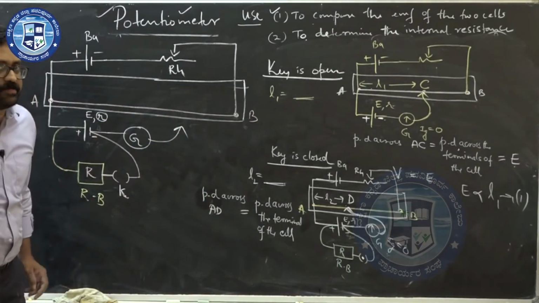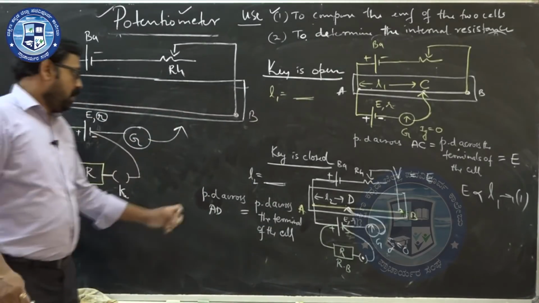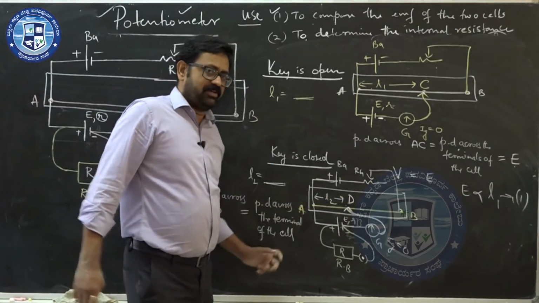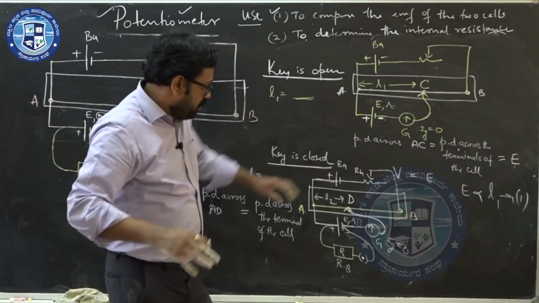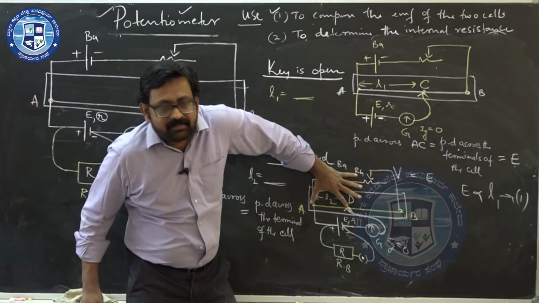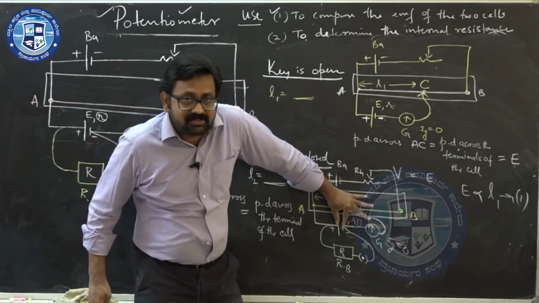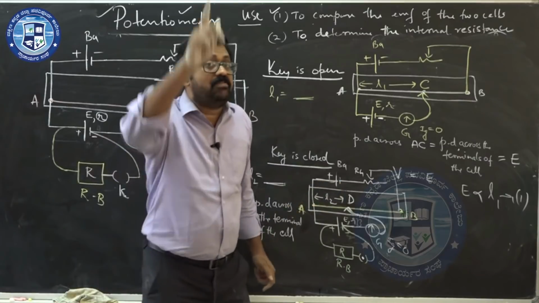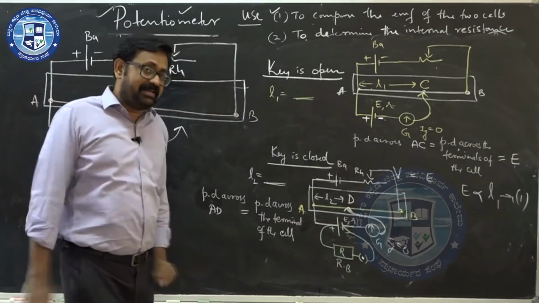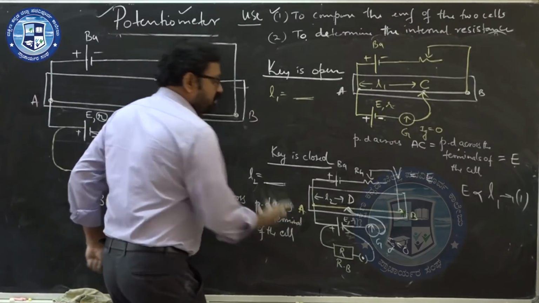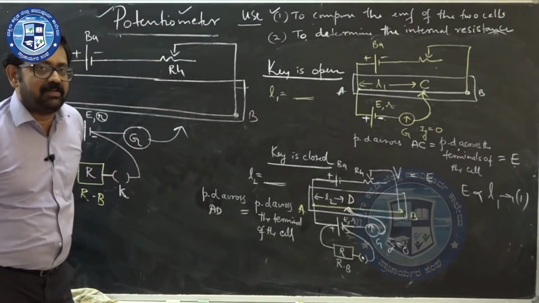That is for sure. It means if you connect a voltmeter across A and D and a voltmeter across the positive and negative terminals of the cell, both voltmeters will read the same reading. That is the practical meaning.